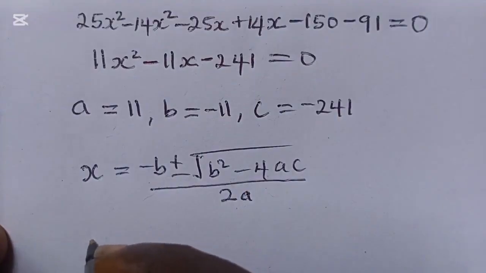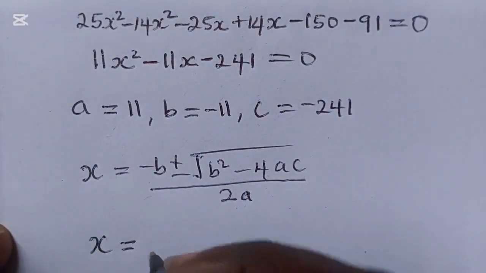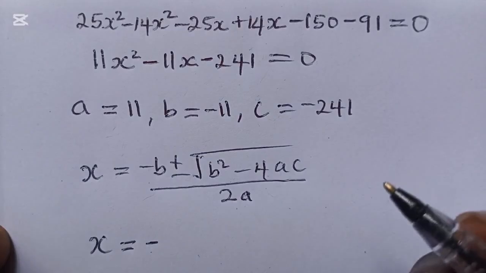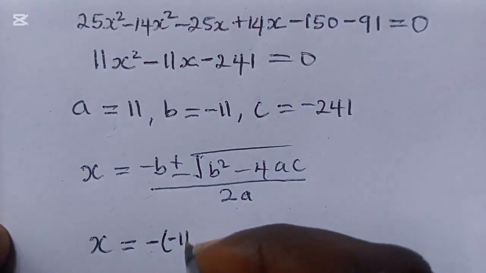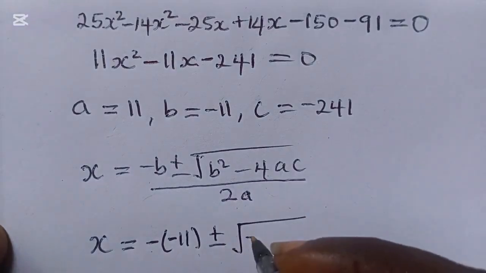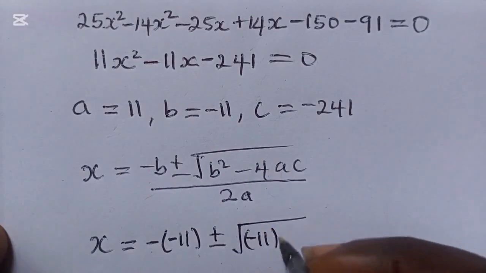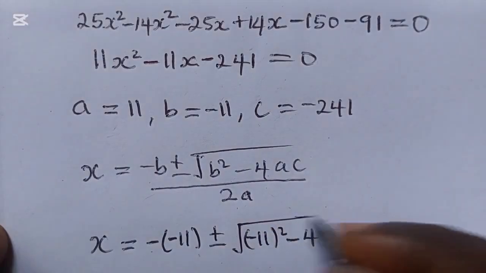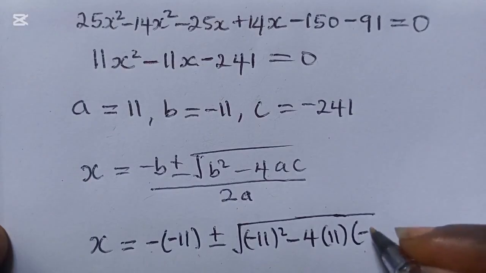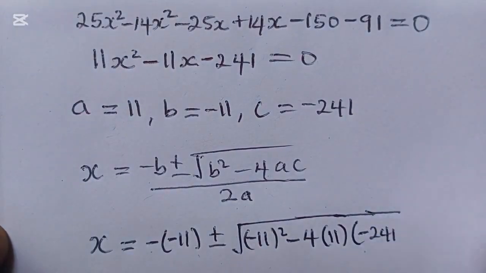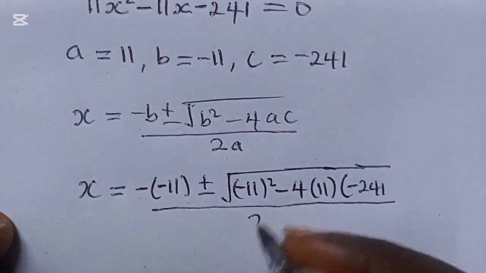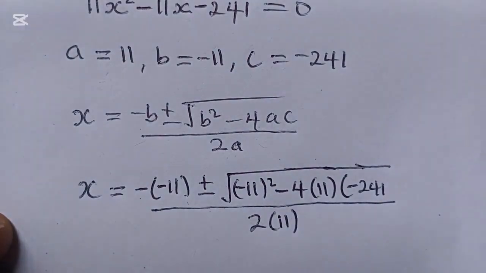So we can now say our x is equal to minus of minus 11, plus or minus square root of minus 11 square minus 4 times a, which is 11, times c, minus 241, all divided by 2 times a, which is 11.